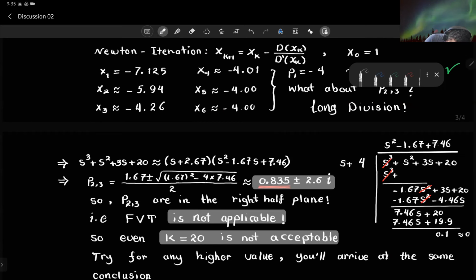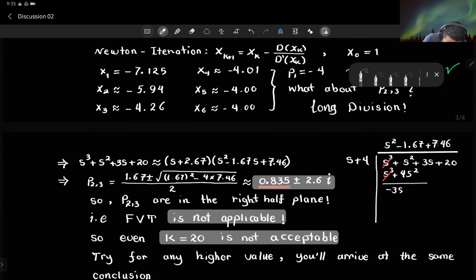So this is 4s squared. So the s cubed cancels, you get negative 3s squared, negative 3s plus 20. This is actually a plus. All right, so negative 3s divided by that, you get negative 3s.